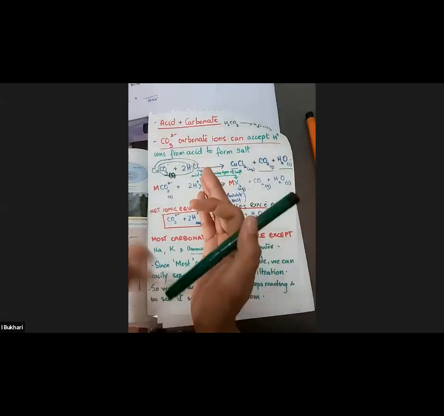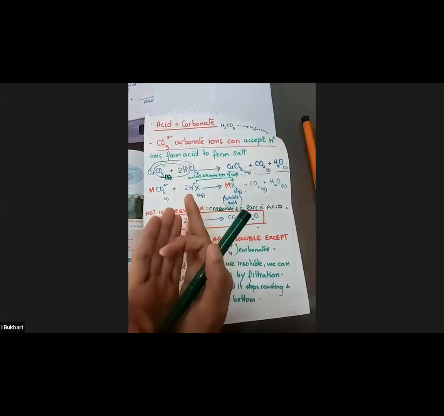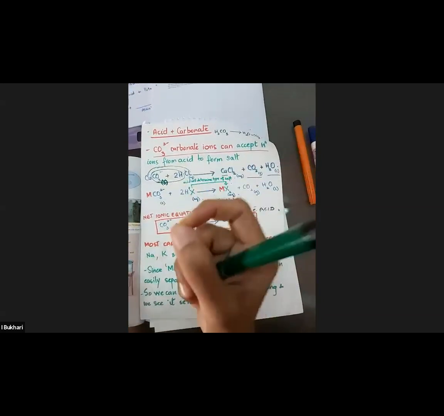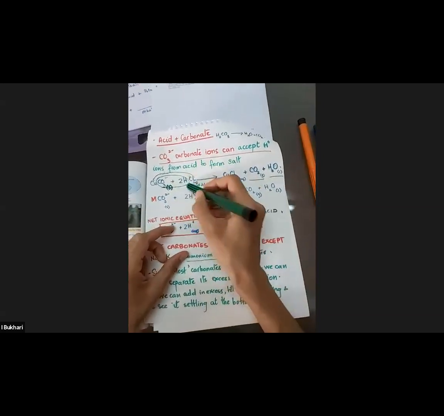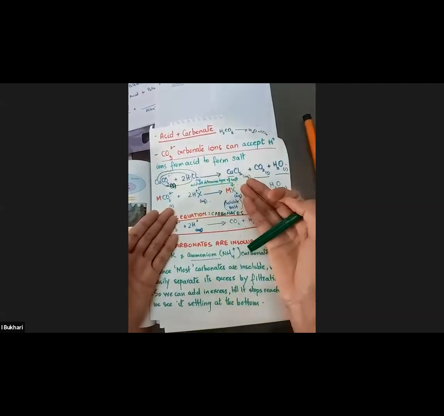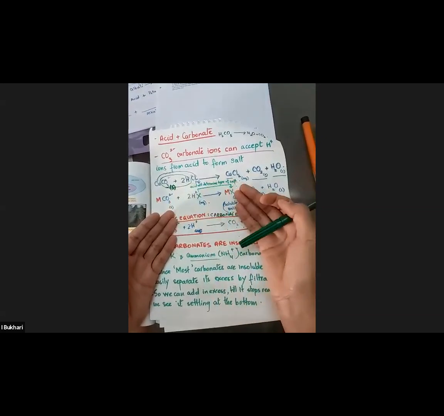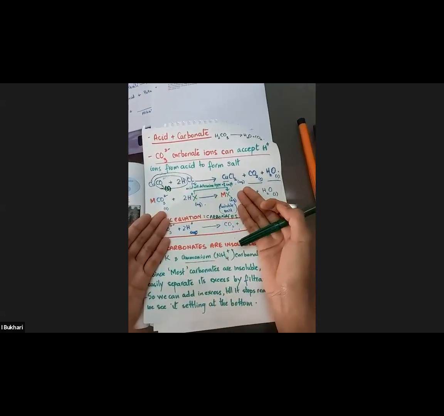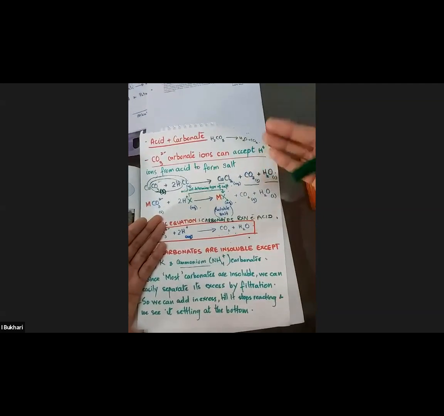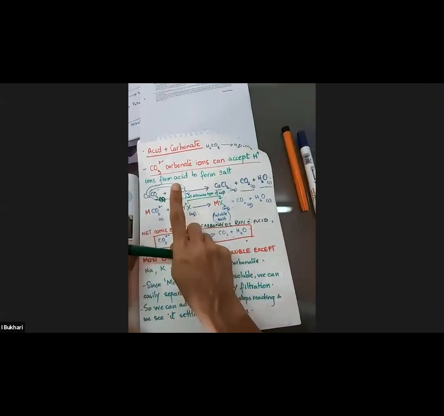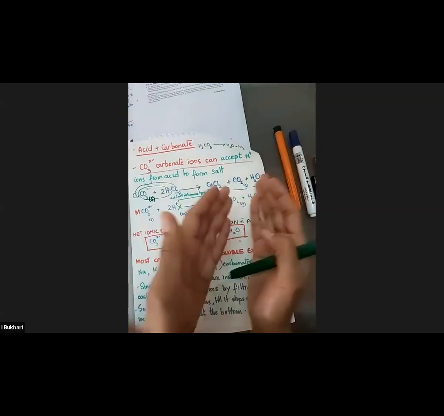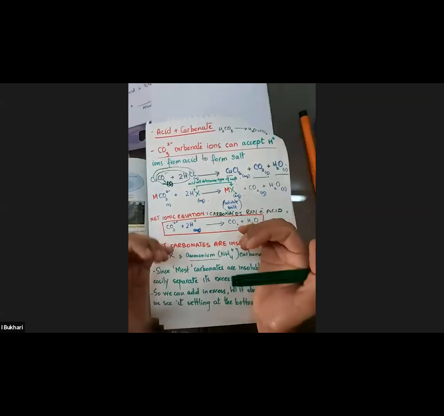So the purpose of adding indicator is to know when exactly all the acid has reacted with all the other reactants, so that we do not have any leftover unreacted acid or alkali at the end. So when the indicator gives us the neutral color, we know that none of the acid or the alkali is left over. So we have only the neutral products. That's why we add universal indicator.